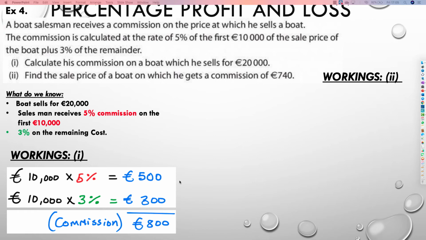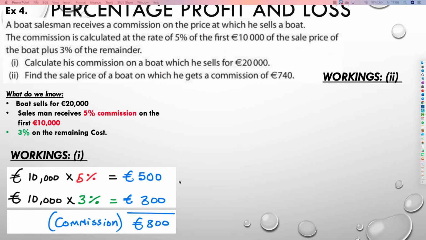How much do I know the boat costs for definite? It definitely costs a lot more than 740 euro. How much do you know to definitely cost 10,000? Commission on 10,000 he earns 500 euro.